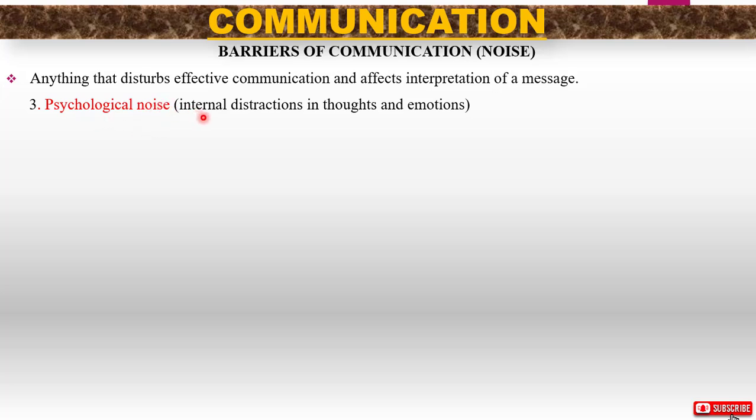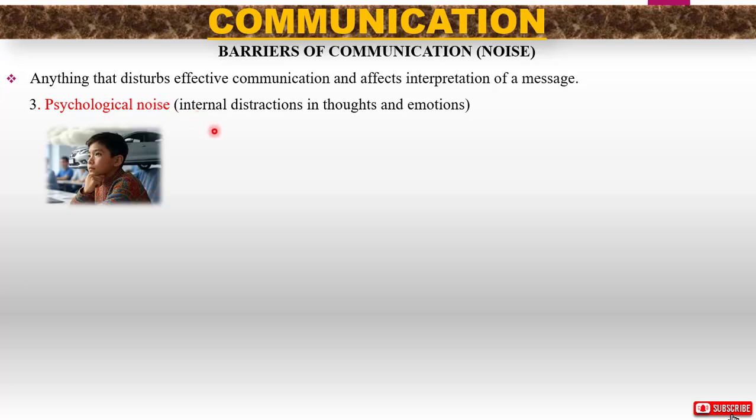It happens within the mind of the person. For example, we can see that this boy is daydreaming. Whilst in a classroom, he is thinking about a fancy car. Therefore, we can say that in his mind, he has occupied it with noise, which will affect his ability to receive the information being exchanged in the classroom.